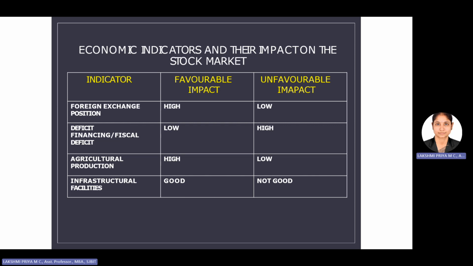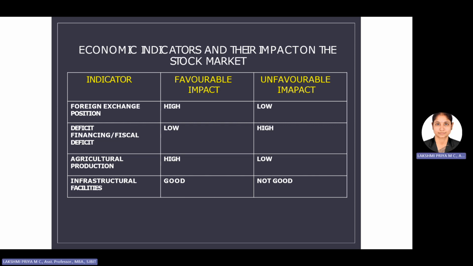When the monsoon fails, agricultural production and hydropower generation will decline. They cast a shadow on the share market. Infrastructural facilities. Good infrastructural facilities affects the stock market favorably.